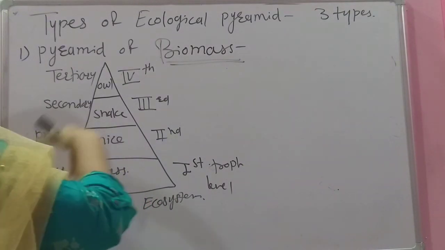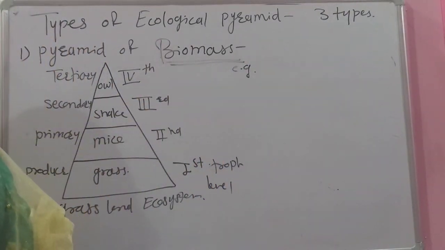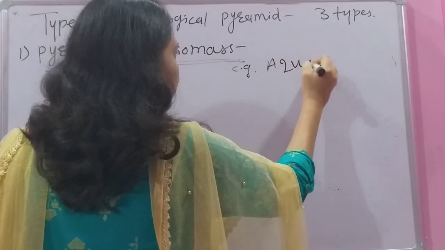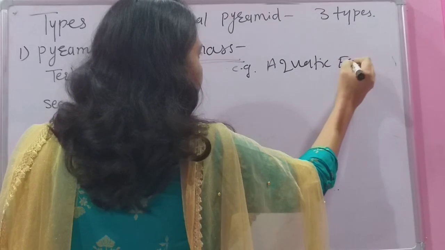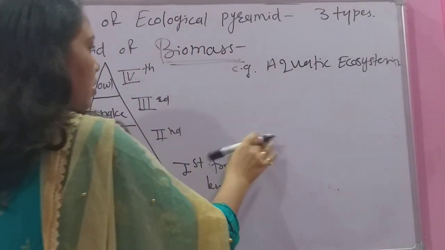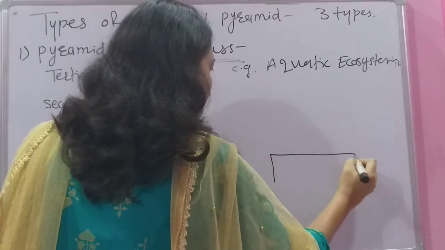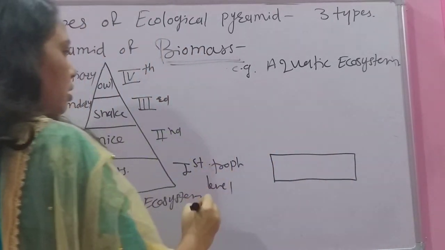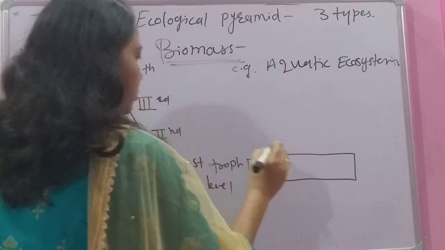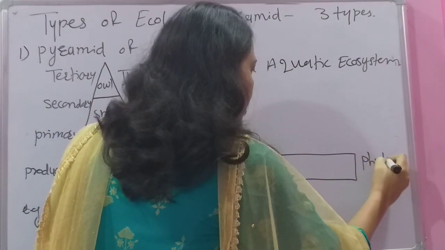For example, the aquatic ecosystem. In this aquatic ecosystem, the first trophic level is the producers, phytoplanktons.